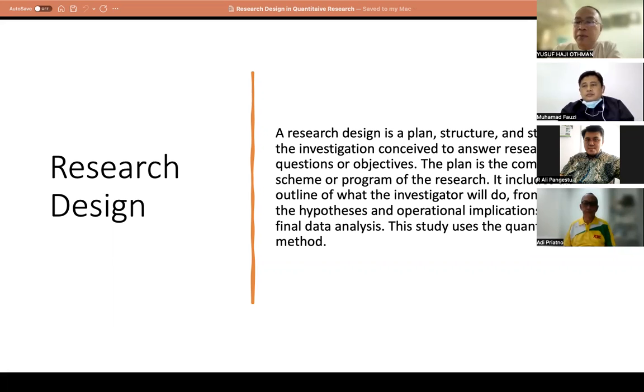Operational definition means we define each of the constructs or variables that we include in the theoretical framework of the study. And we will not only define the constructs, we will also explain how we are going to measure the constructs.